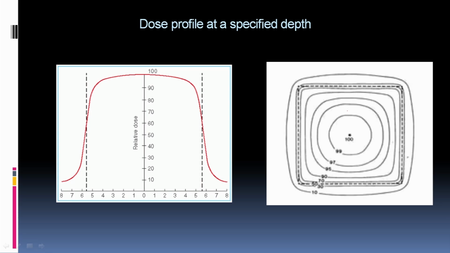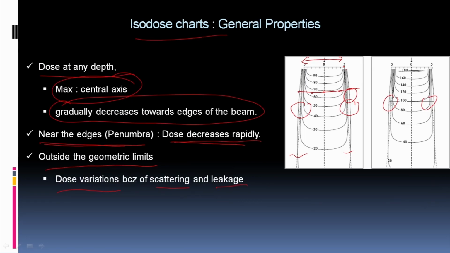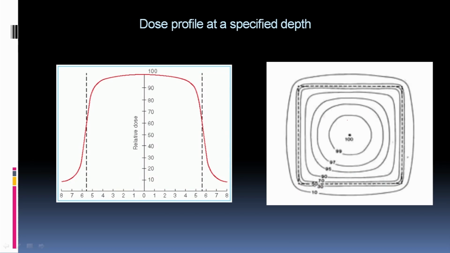Now this is the dose profile at a specified depth. If we consider this as a cross sectional view of the isodose chart, we will see this is the dose profile. The dose profile is maximum at the center.